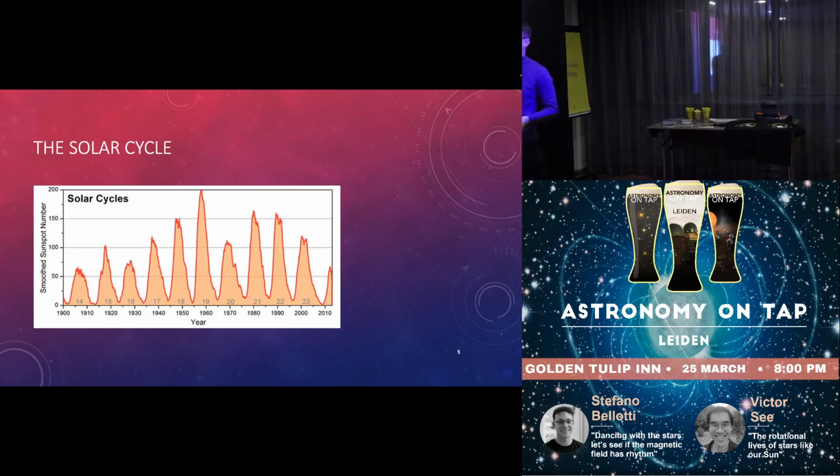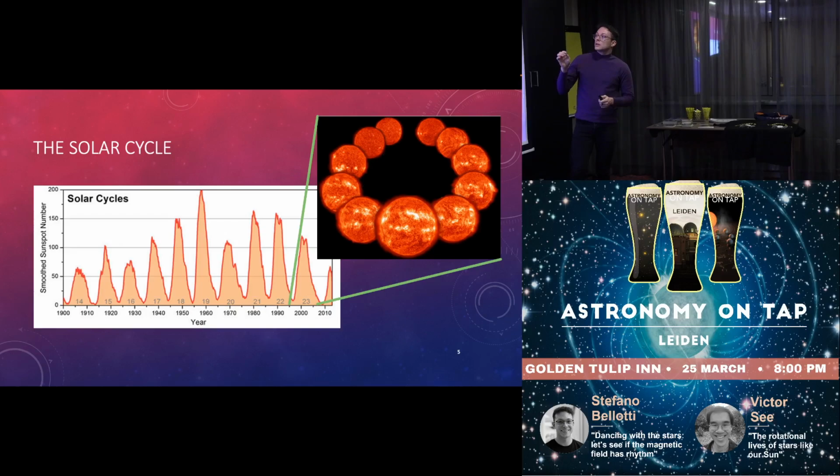The number of spots oscillates. It goes from a minimum, where the star is basically almost immaculate, and then it goes up to a certain number of spots, which, as we can see, it also varies over time. And this is called solar cycle. It lasts 11 years.